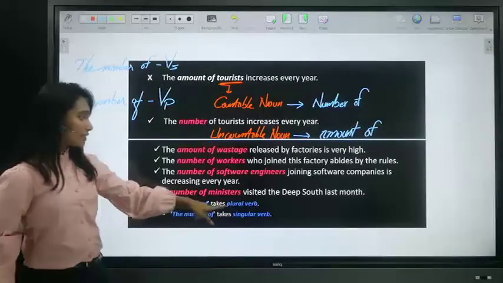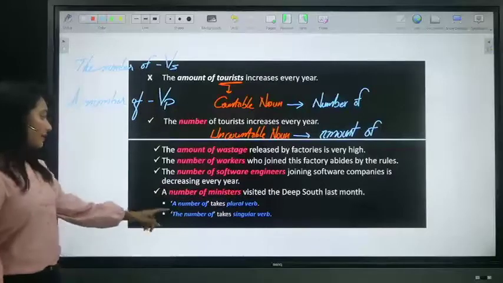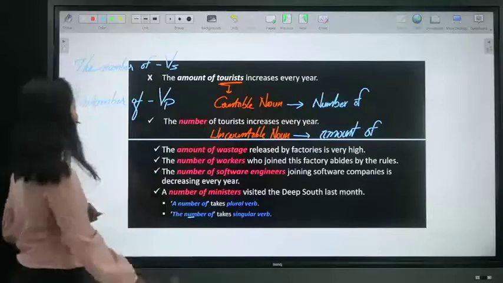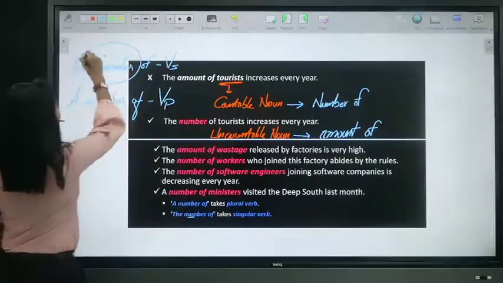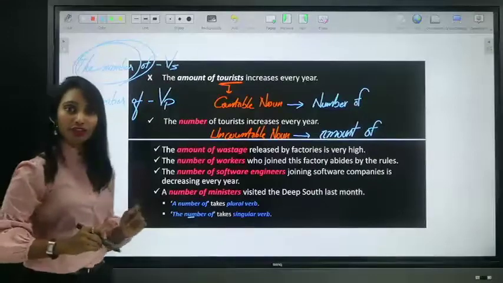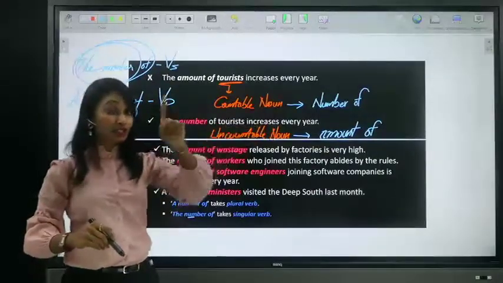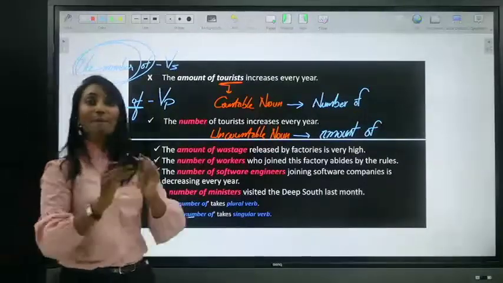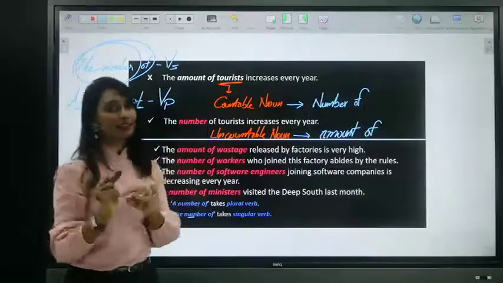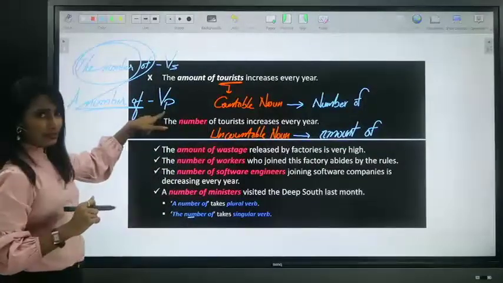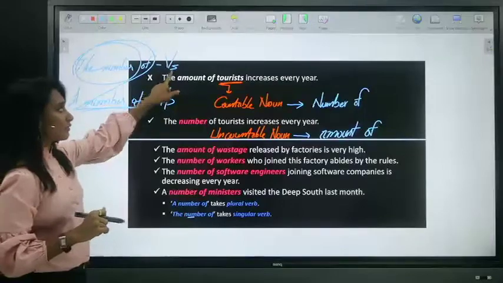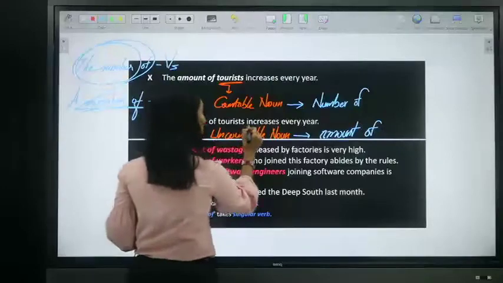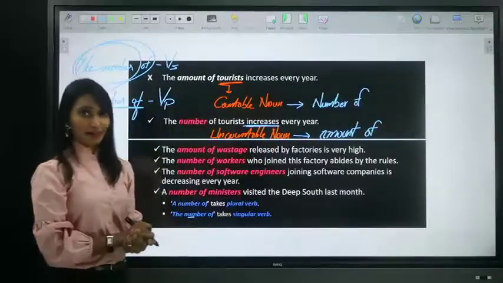Because the number of gives the sense of one particular, the single, whereas a number of gives the sense of many, a lot. That's the reason a number of takes plural verb and the number of takes singular verb. So here, the number of tourists, hence we are using singular verb increases every year.